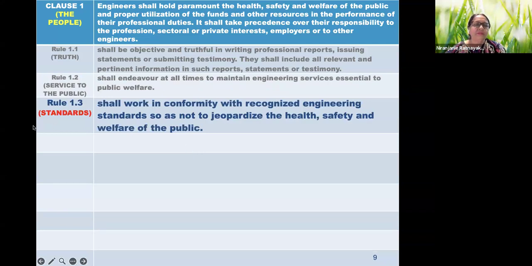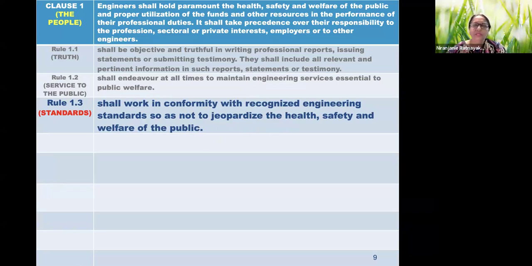The third rule under clause 1 is, shall work in conformity with recognized engineering standards so as not to jeopardize the health, safety, and welfare of the public. Right? A part of our training is actually knowing these different design standards, codes, and all those things.